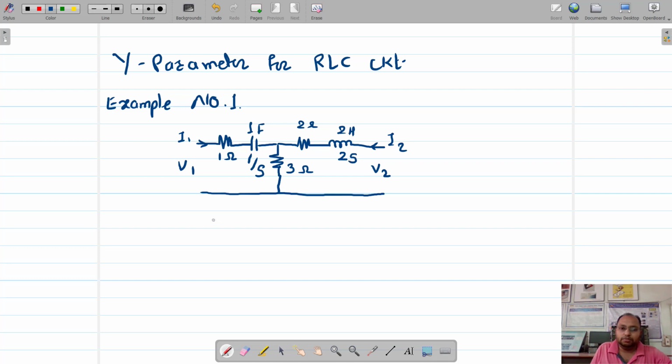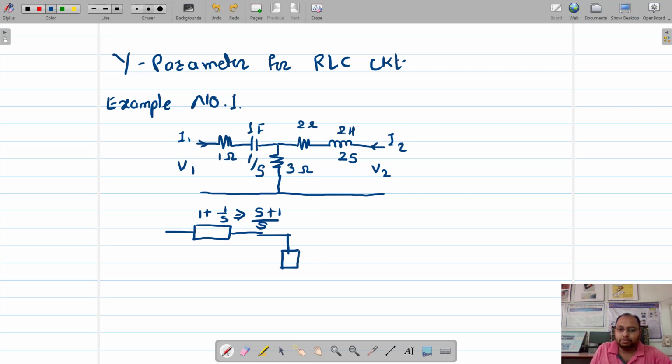So this is nothing but my impedance, which is 1 plus 1 by S, and that results in S plus 1 divided by S after cross multiplication. Then this is simply a resistor, sorry, it is not 1, it is 3.